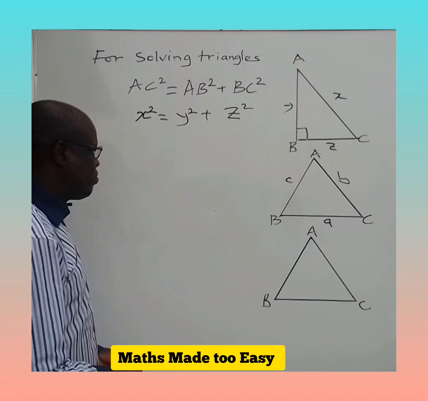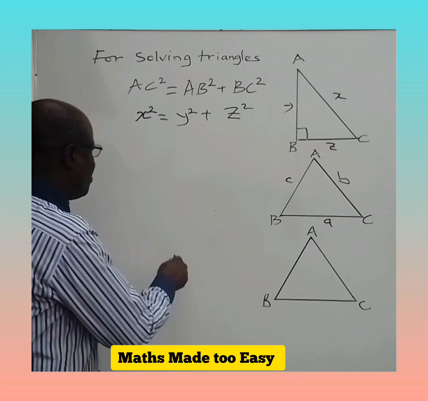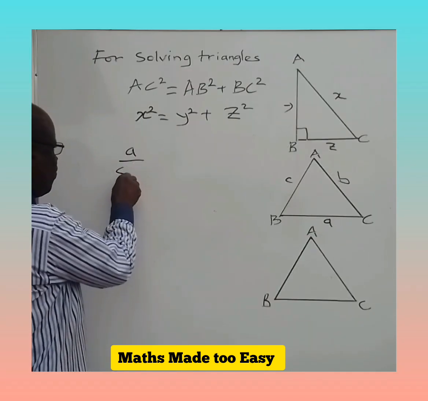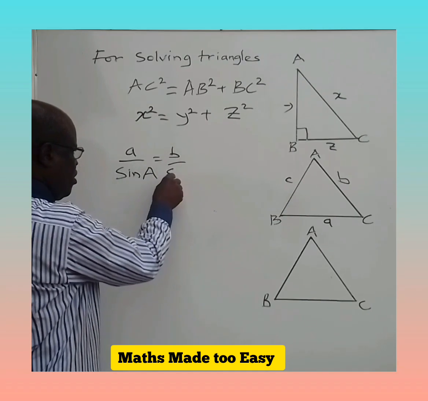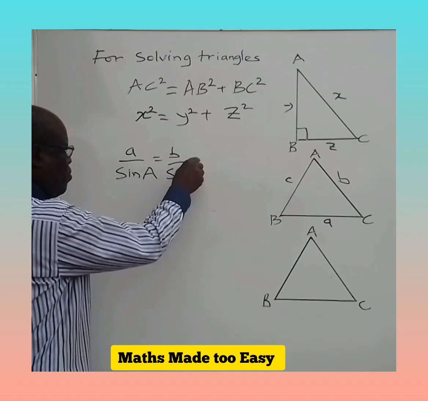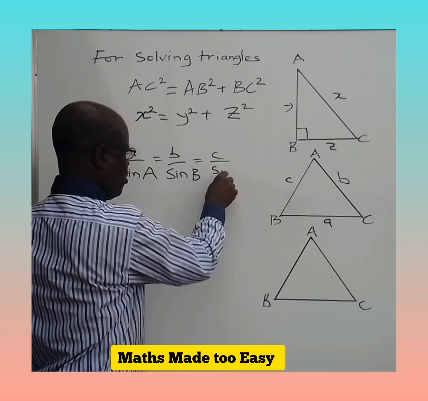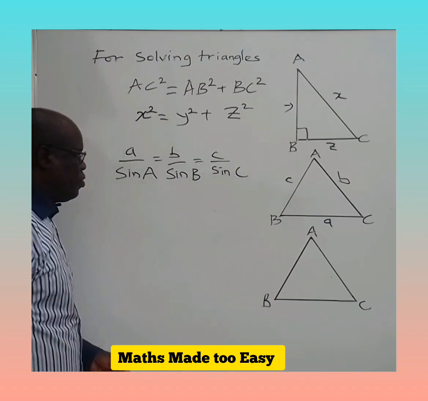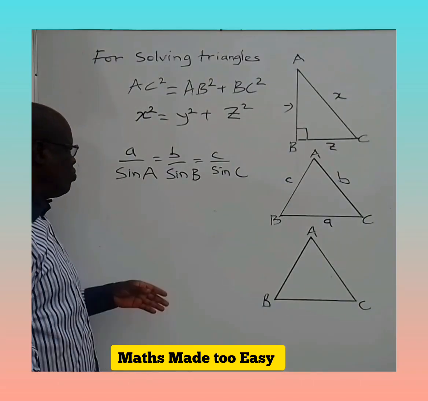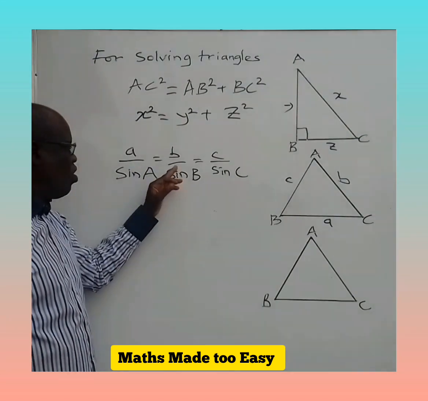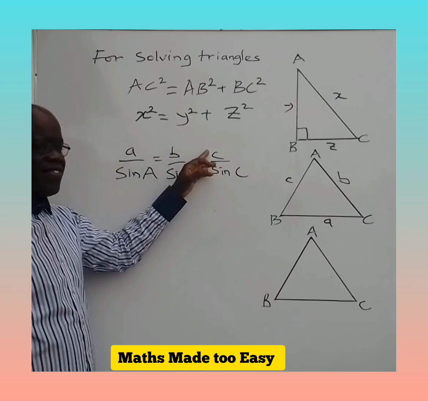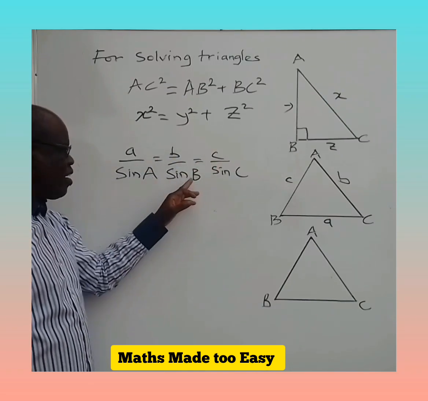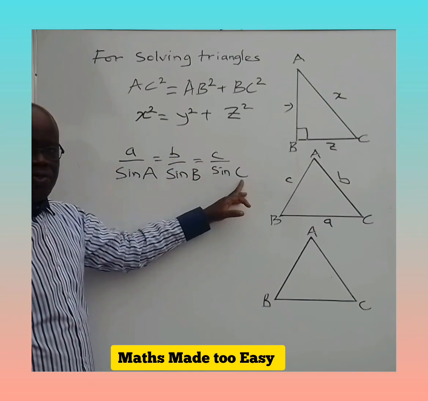So the rule that you should follow is a over sine A is equal to b over sine B is equal to c over sine C. Now, all these small letters are the sides, where capital A, capital B, capital C are the angles in degrees.